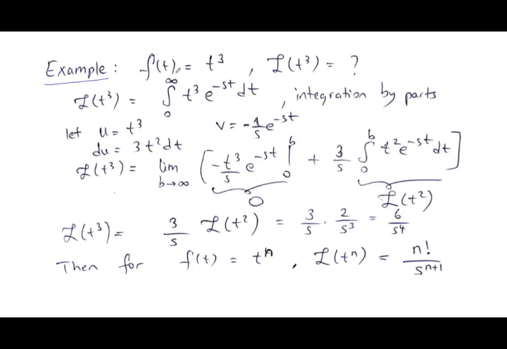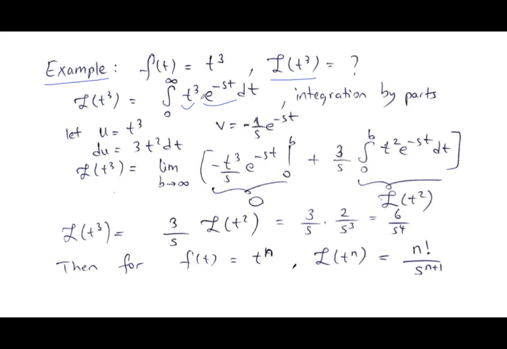In the next example, we have f of t equals t cubed. What is the Laplace transform of t cubed? Well, we apply the definition one more time. We plug in t cubed, and then we have e to the power minus st. The integration is from 0 to infinity.